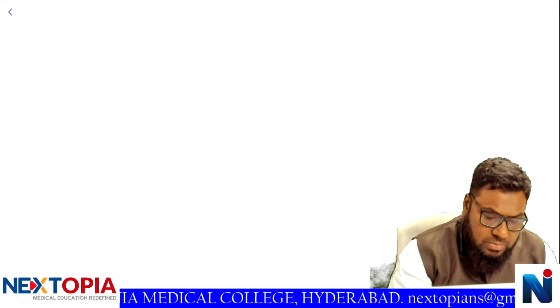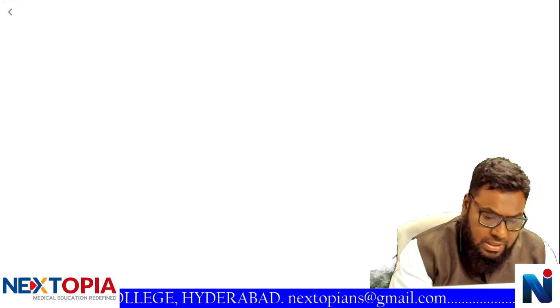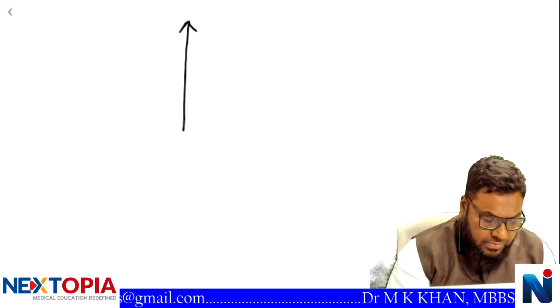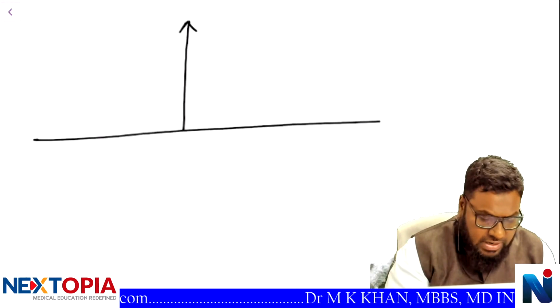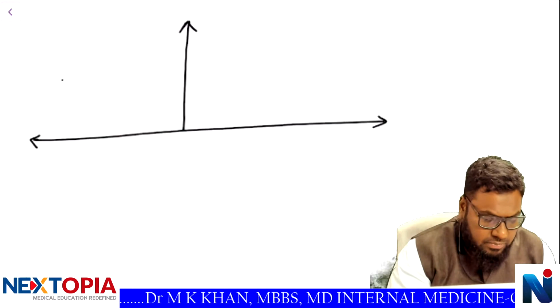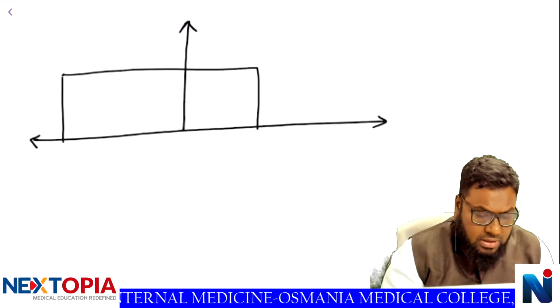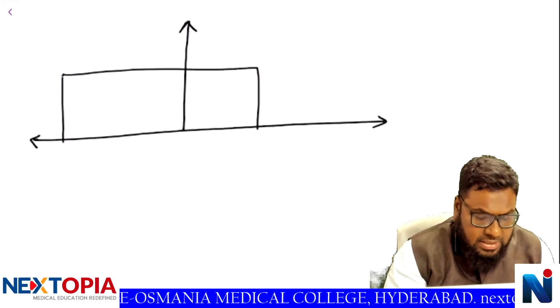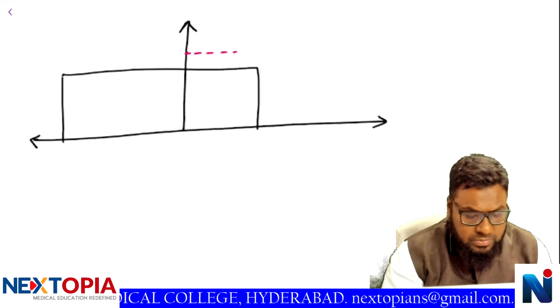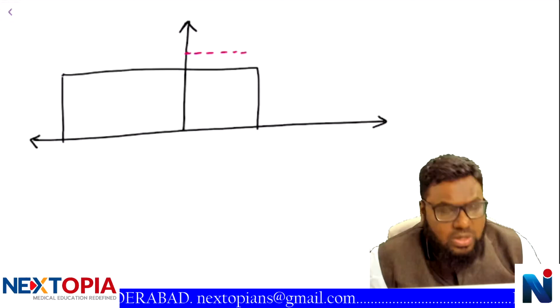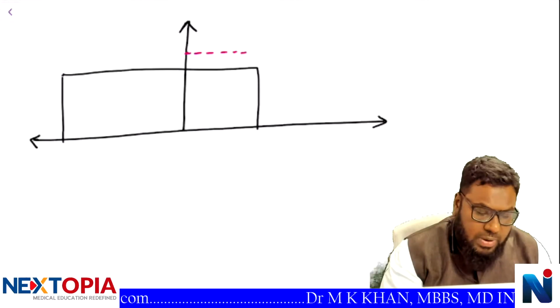So say suppose this is the x-axis, this is the y-axis, we all know that this is the ICF and this is the ECF. A person has taken a lot of solute, so his extracellular solute concentration has increased, because of which the volume has also entered.